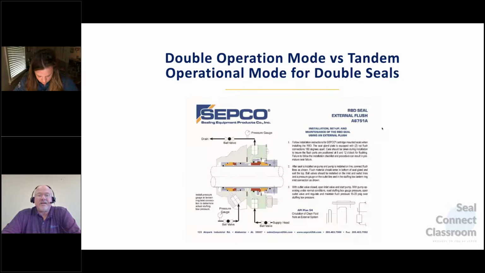Tandem sealing is something totally different. When we talk about tandem sealing, we're talking about running the seal with the barrier fluid pressure at a lower pressure than the seal chamber or stuffing box pressure. Tandem seals are used, but you've got to have enough pressure there with a tandem seal to have good boundary lubrication on your very outboard seal.